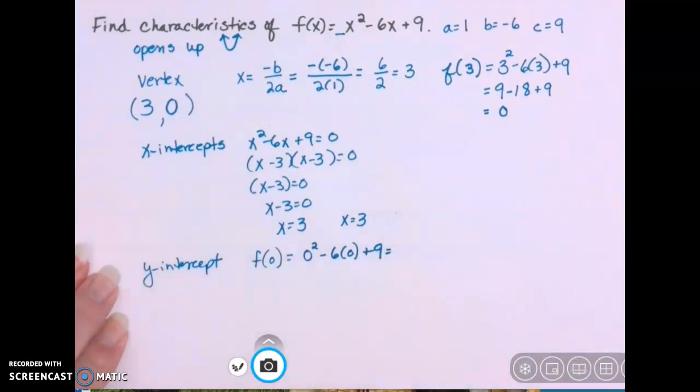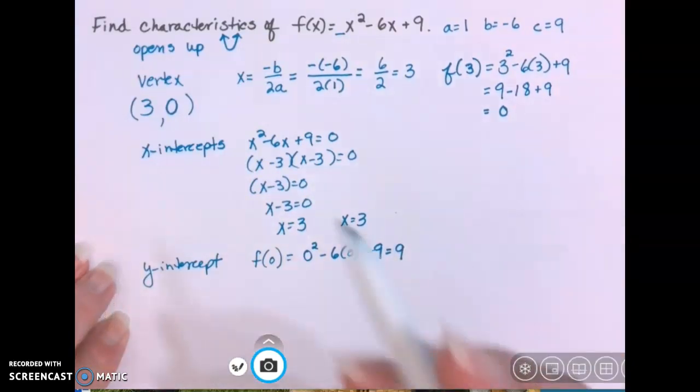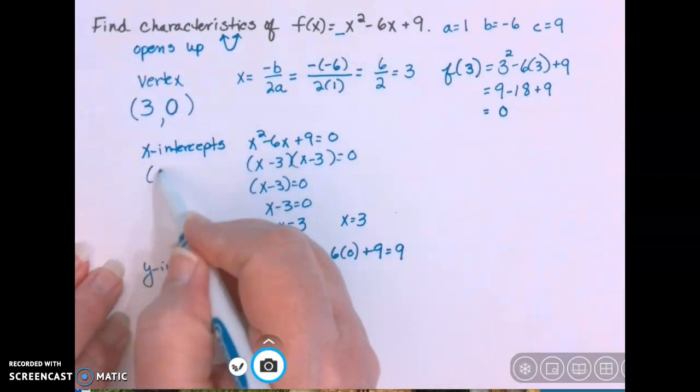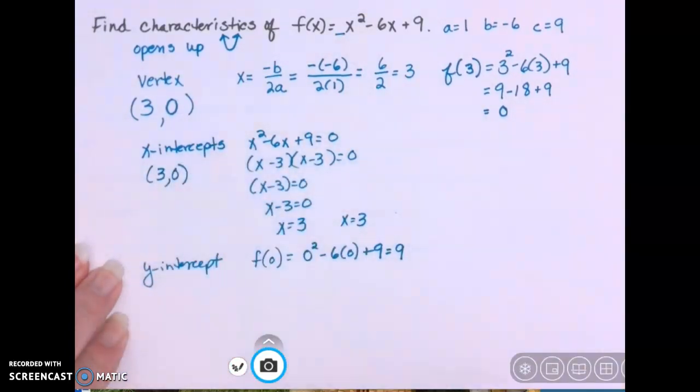And that gives us 0 minus 0 plus 9, and that gives us 9. So our x-intercept is (3, 0), which corresponds to our vertex. And our y-intercept is (0, 9).